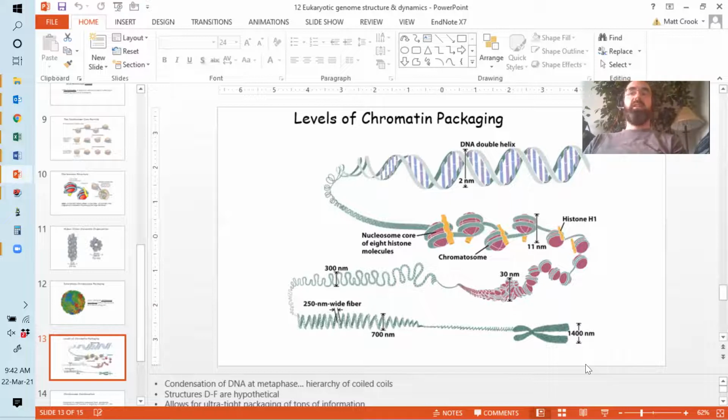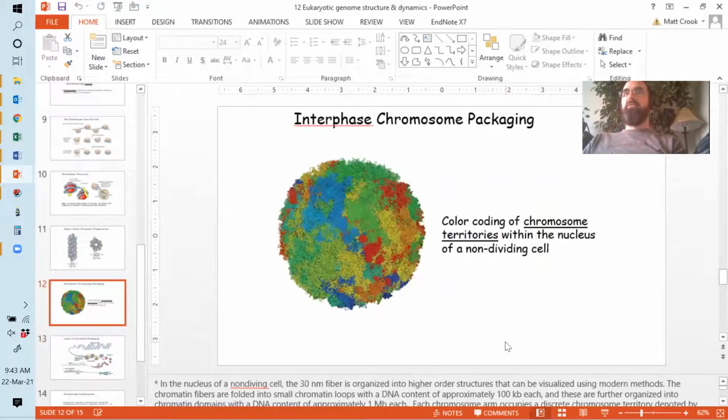They do not exist at any other time. Most of the time, your DNA is actually packaged in really funky ways. It's something that's really been better understood probably over the last 10 years, maybe.